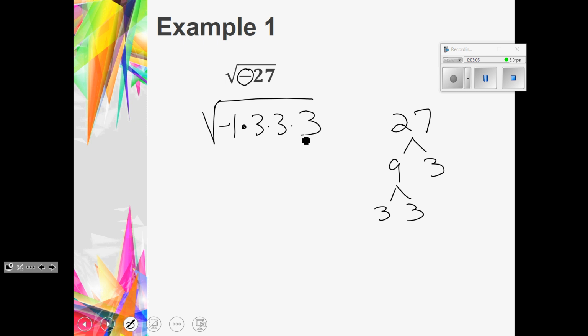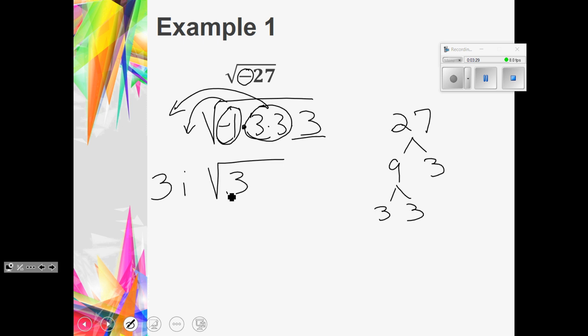We know I can circle groups of 2 because this is a square root. So I'm going to circle a group of 3's, and I'm going to circle the -1. The group of 3's comes out as a 3. The square root of -1, by definition, is equal to i. And then we have a 3 left underneath. So this is going to become 3i times the square root of 3.